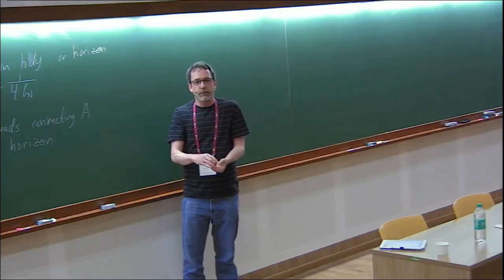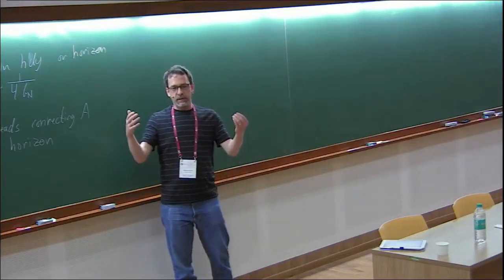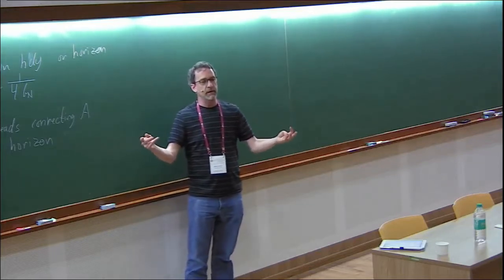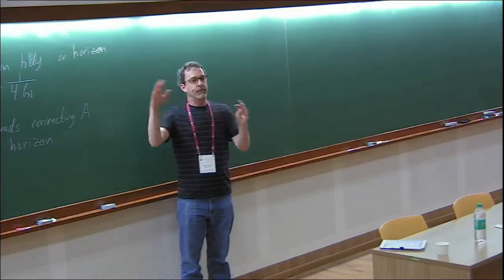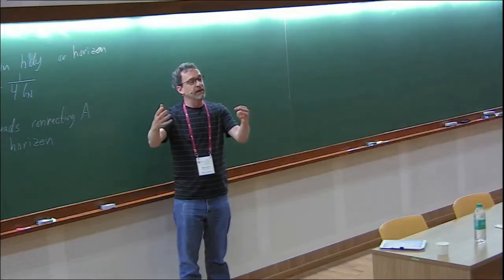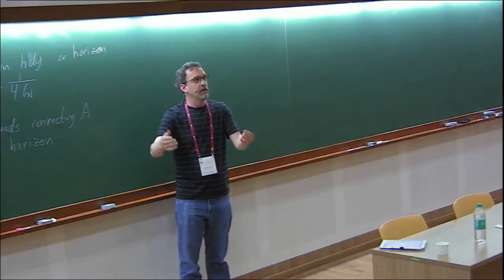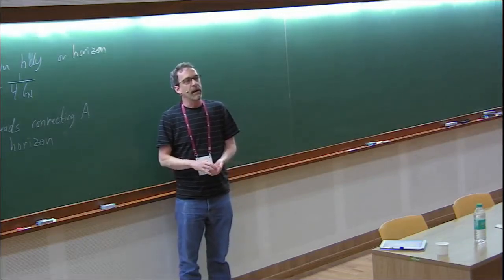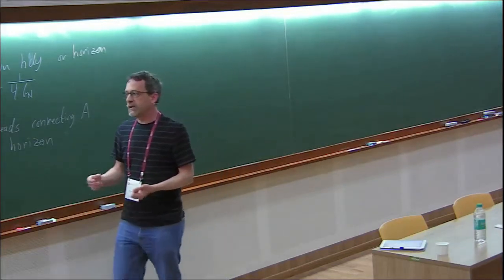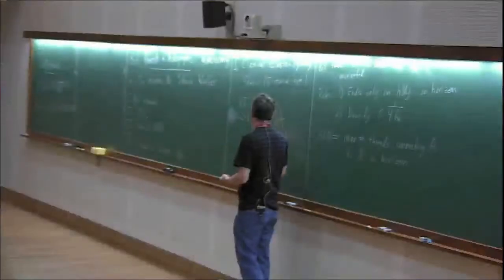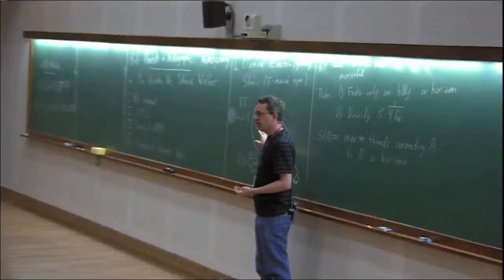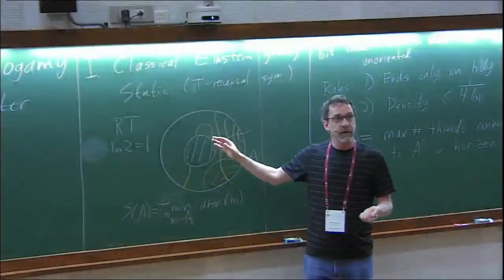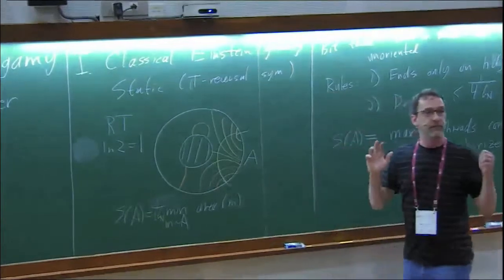A fantasy would be to go the other way: start with the state and its entanglement structure and all of its entanglement entropies, and from that get some thread configuration, and from that get a geometry. I have some ideas about that, but that's not the subject of today's talk. One reason you shouldn't think of them as physical objects is that no one configuration is the bit thread configuration. It's all of them that you really need.